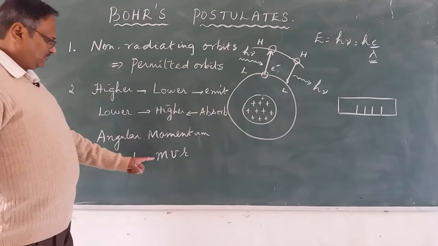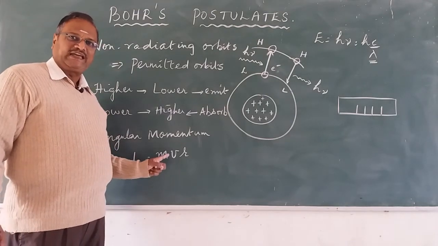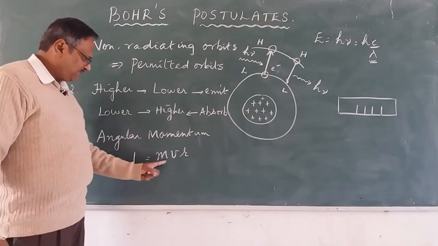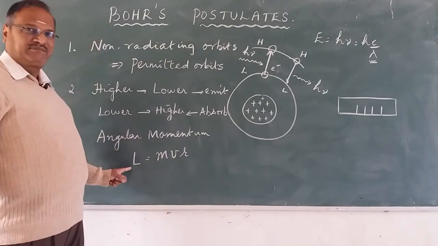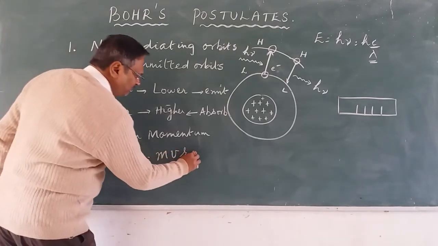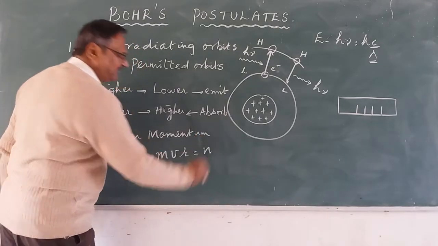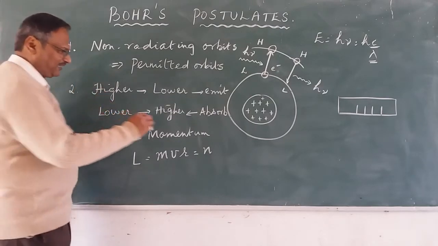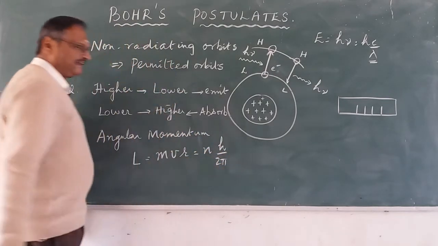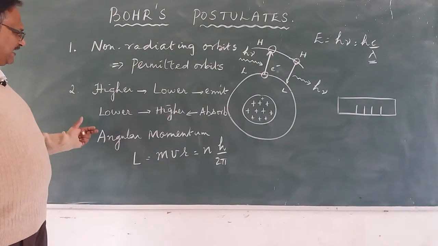You know, the linear momentum is m into v, and you give the symbol p, and here mvr you give the symbol L. He said that the angular momentum will be an integral multiple of h upon 2 pi. Yes, and this is the next thing.